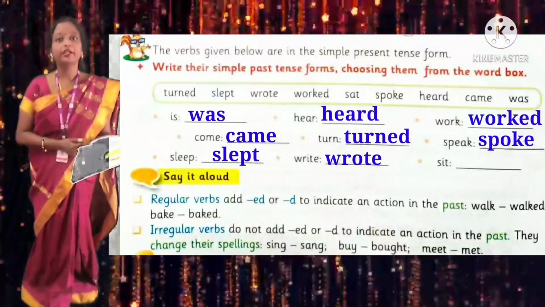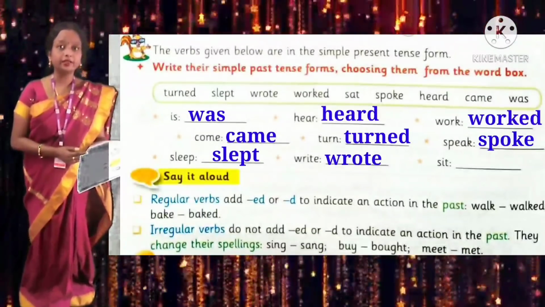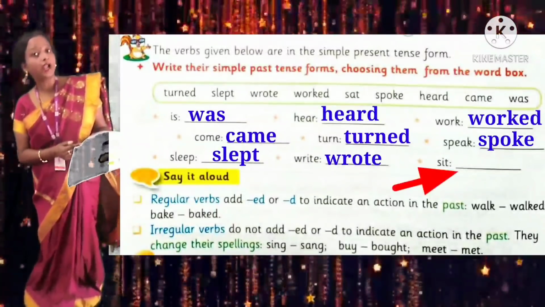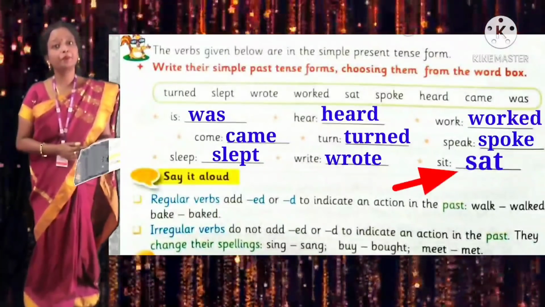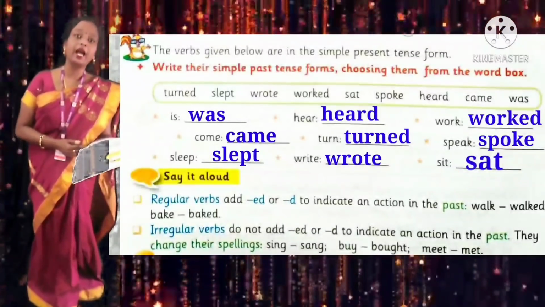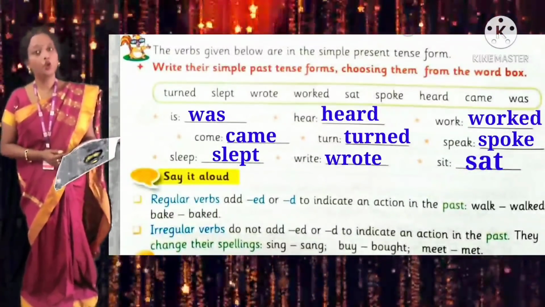W-R-I-T-E, write. W-R-O-T-E, wrote. Sit. S-I-T, sit. Simple past tense for sit will be sat. S-A-T. Sat. Okay, children.